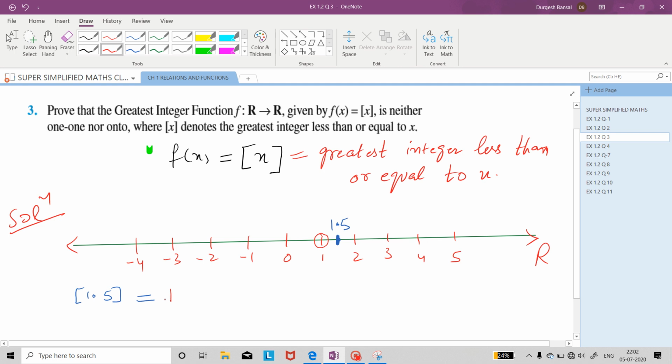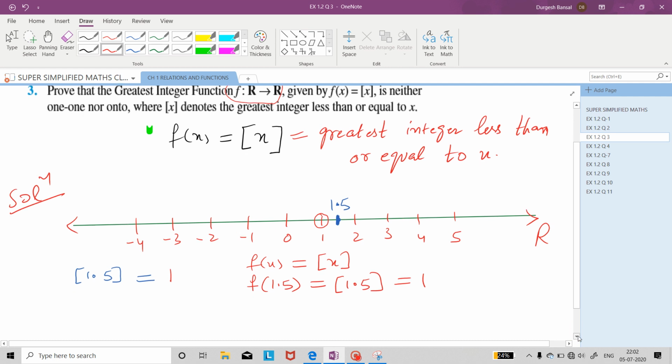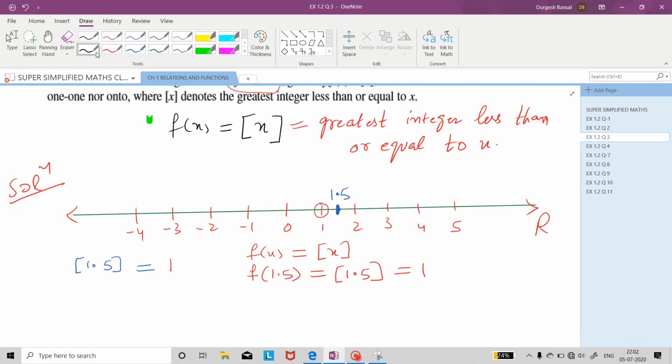Here, the function f is from the set of real numbers to the set of real numbers, and f(x) is equal to the greatest integer function of x. That means if you apply f on 1.5, you get the greatest integer of 1.5, and that is 1. Any number you can take. Say I take 1.7.